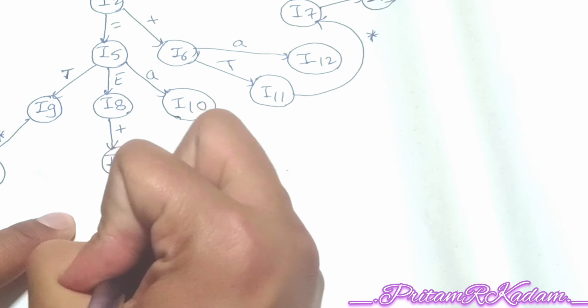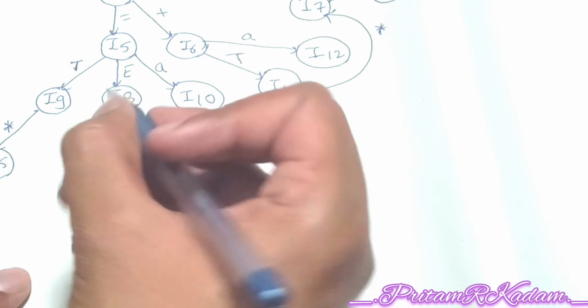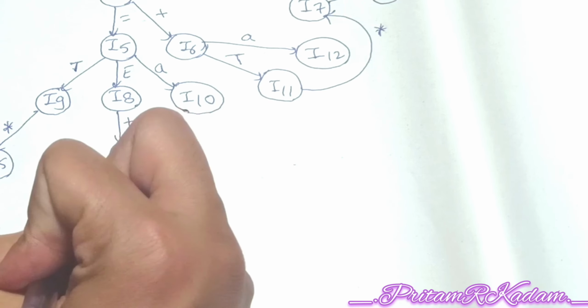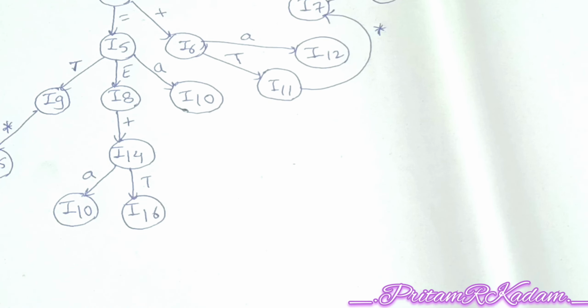Now let us check for the next production. So we have I14 on small a goes to I10. We might make a new state like this I10, but this is wrong. We just had to connect the previous I10 with this I14.